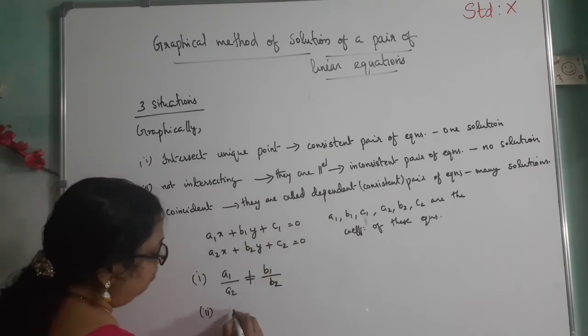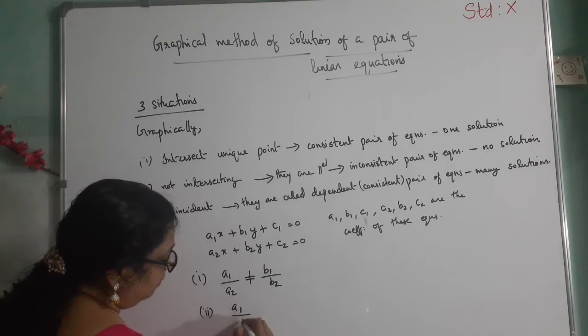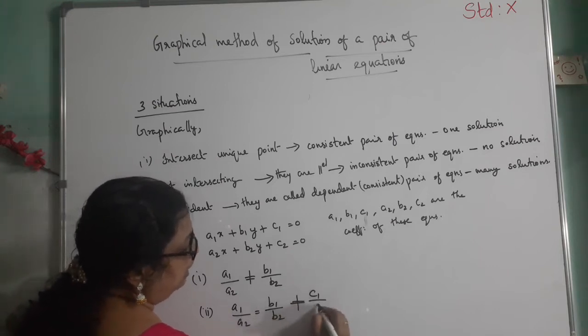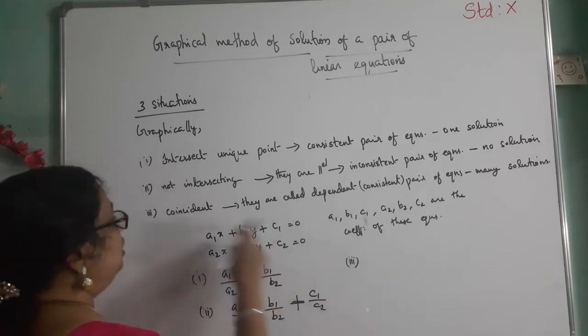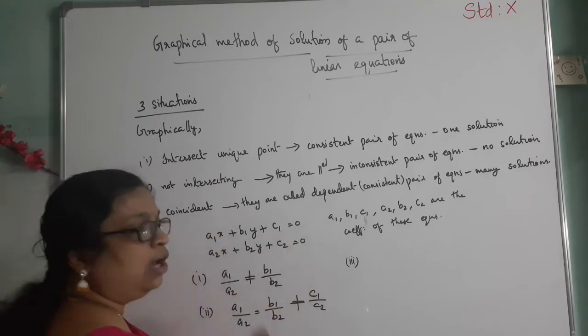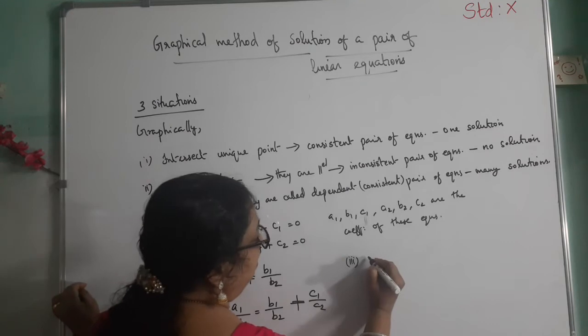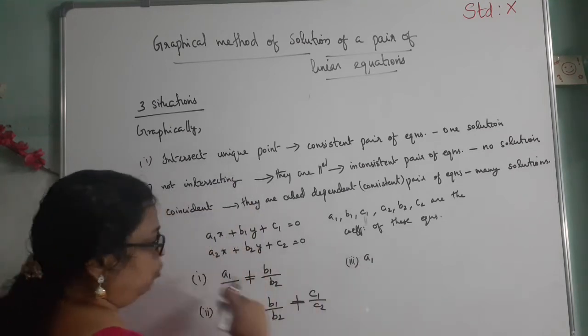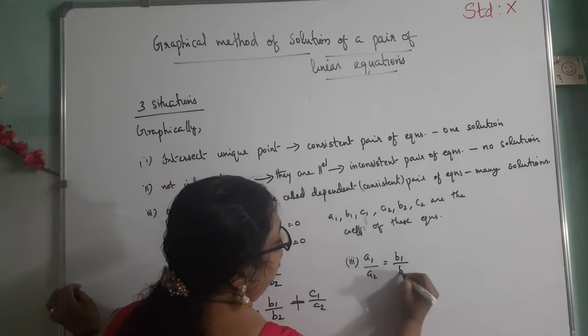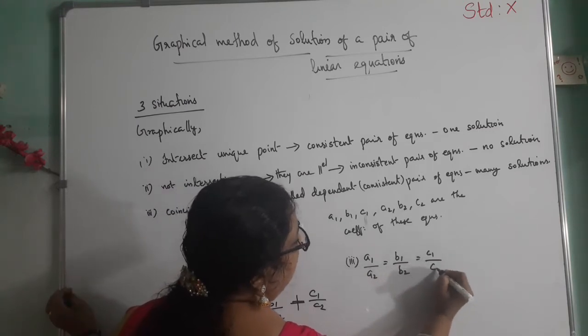In that case a1 by a2 equals b1 by b2 but not equal to c1 by c2. Then the third situation is coincident, the same line, and they have many solutions. In that case we get a1 by a2 equal to b1 by b2, which is equal to c1 by c2.